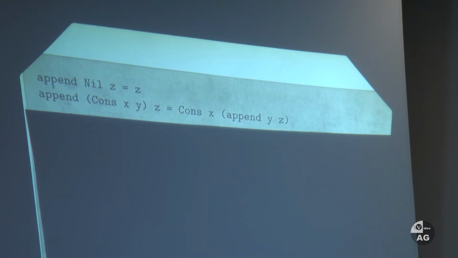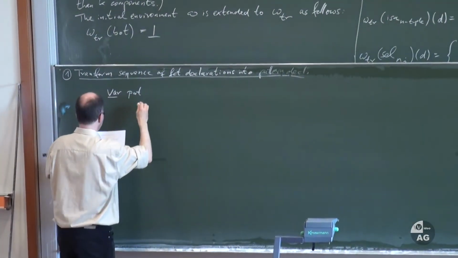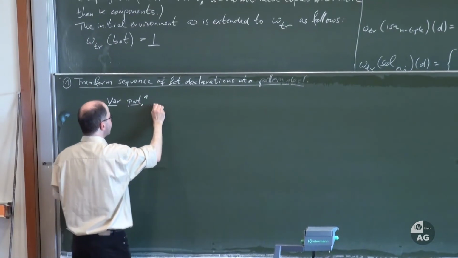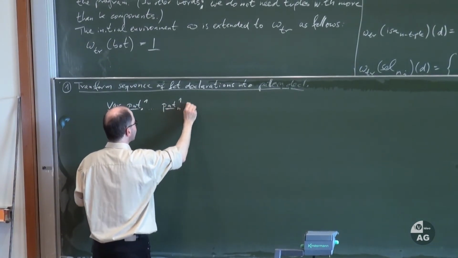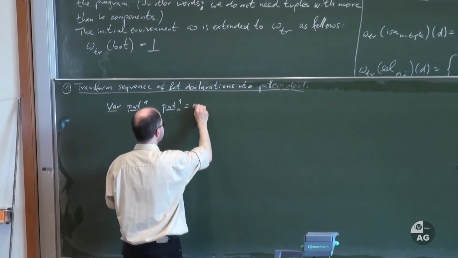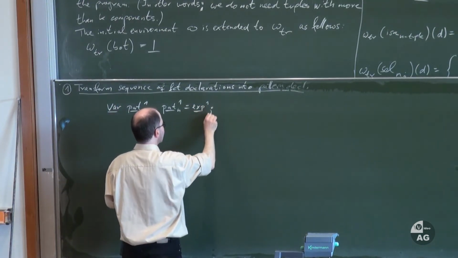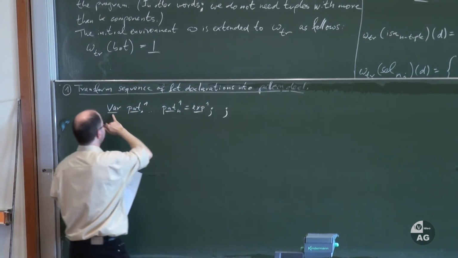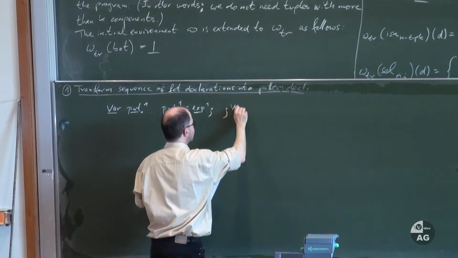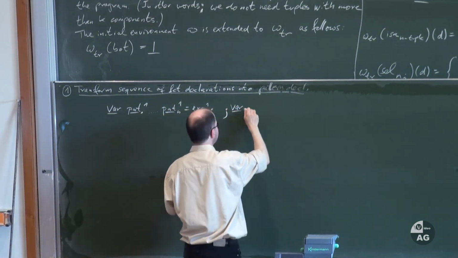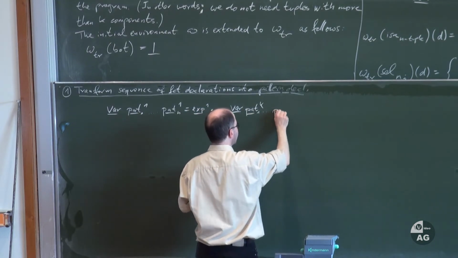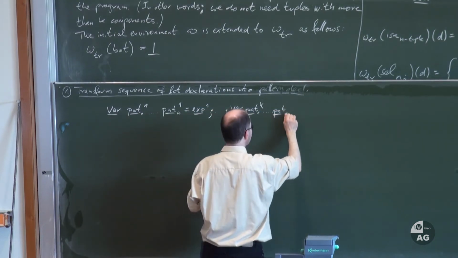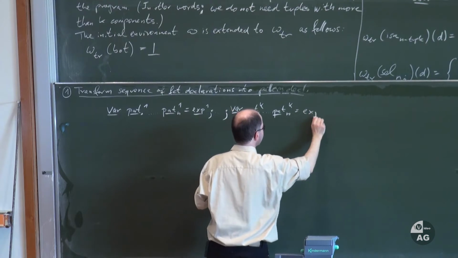So here var is the name of the function, and in the first declaration it is applied to pattern 1,1 until pattern n1, and the result here is x1. And then we have many such declarations for the same variable. So the last one has this form, var of pattern 1k to pattern nk equals xk.